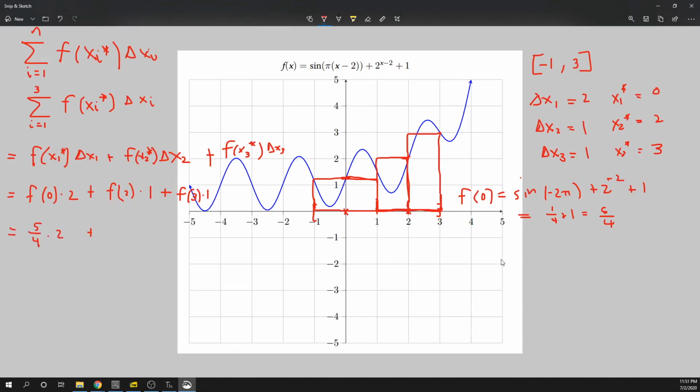Next up is f of 2. So plug that in. When I plug a 2 in, I get 2 minus 2, that's 0. So I get sine 0 plus 2 to the 0 plus 1. Sine 0 is 0, 2 to the 0 is 1, so I get 1 plus 1, which is 2.